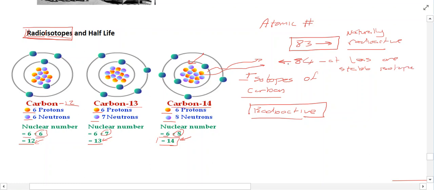So generally speaking, as we go down the atomic numbers, more of the isotopes of the particular element become stable. Ones that are below 84 will generally have at least one stable isotope, stable meaning that the nucleus stays the same and doesn't decay, or doesn't undergo spontaneous breaking down and releasing of radiation like some of the other radioactive isotopes, such as carbon-14. So that's what we mean by that. That is what a radioisotope is.